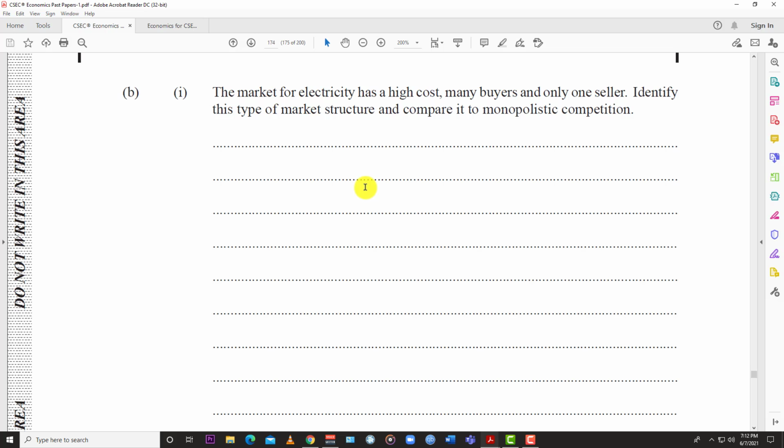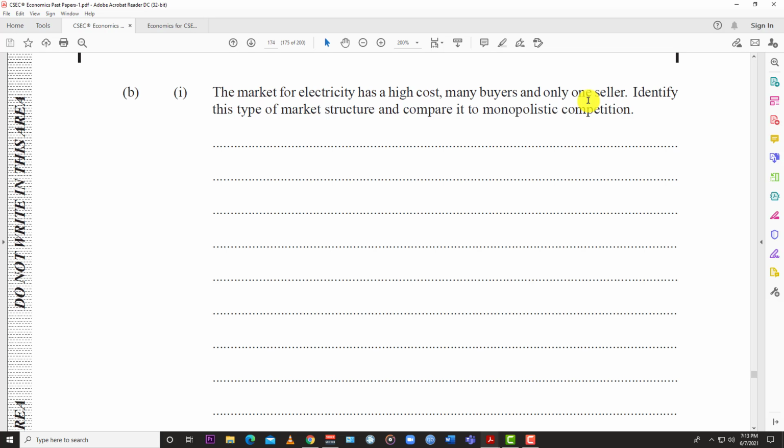So it's a monopoly, and you have to compare it to monopolistic competition. Now remember, monopoly and monopolistic competition have similarities but also differences. For example, monopoly has many buyers and only one seller. But monopolistic competition has many buyers and many sellers.